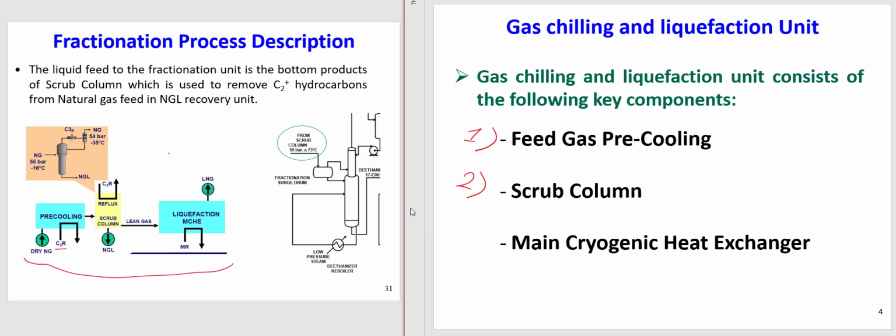Here again we have propane in this unit, and we remove natural gas liquids. Then we have our main cryogenic heat exchanger, which uses mainly mixed refrigerant for the cooling. So these are the three main components of the whole liquefaction unit.